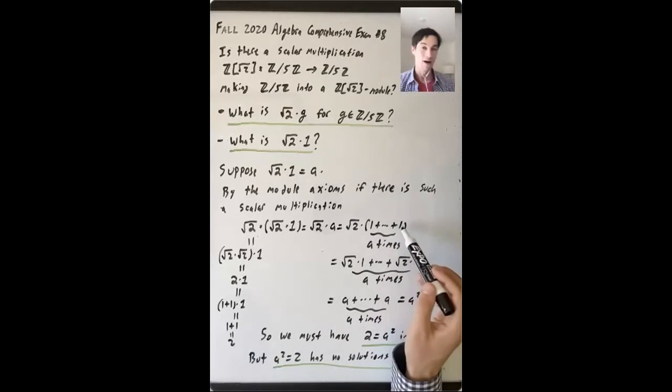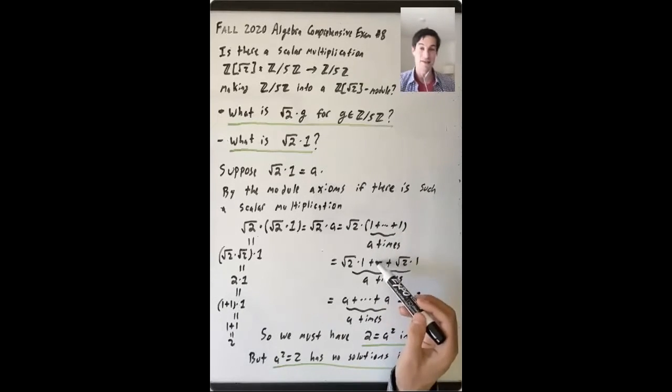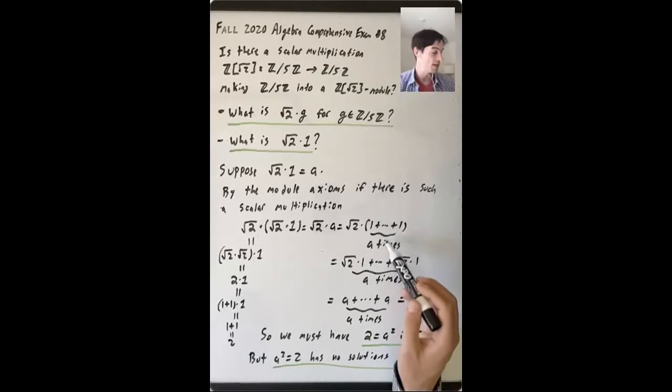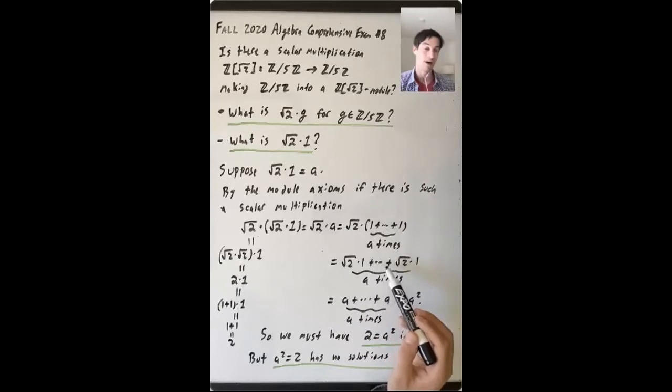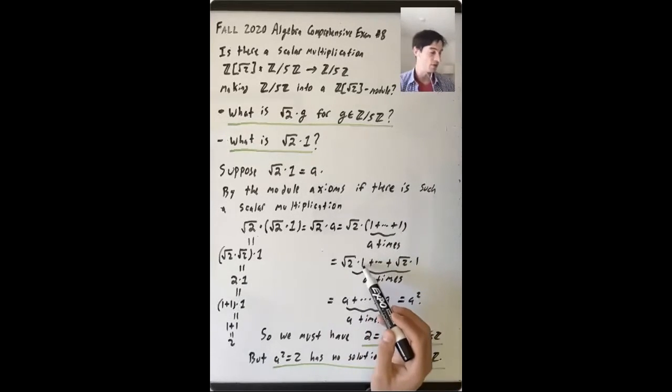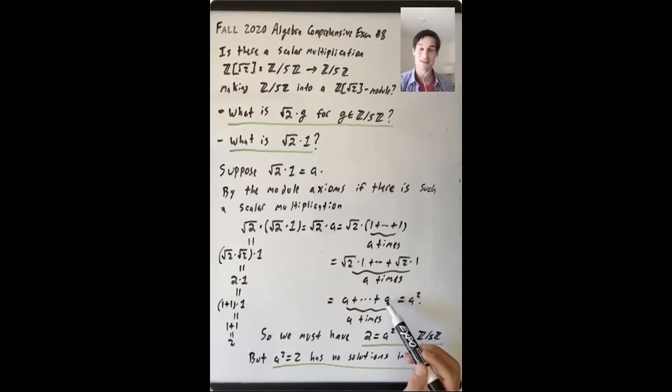Okay, so now if Z mod 5Z were a Z adjoined square root of 2 module, it would have to satisfy this distributive relation. It would have to be that whatever this element is, it's square root of 2 dot 1 plus square root of 2 dot 1, A times. But we know square root of 2 dot 1 is A. So that's A plus A plus A, A times.